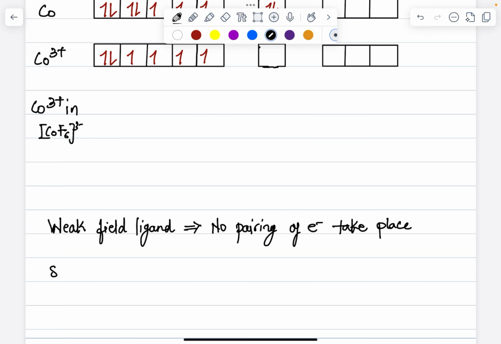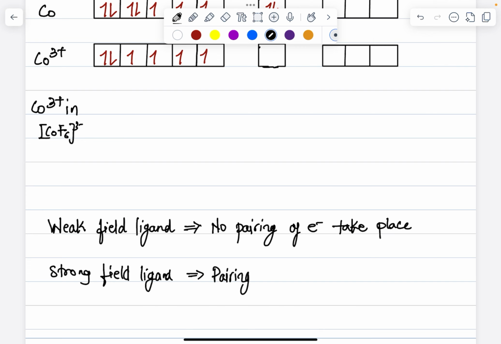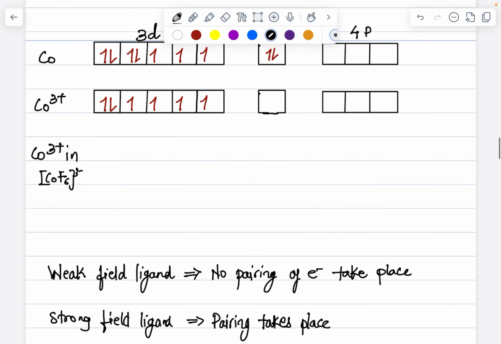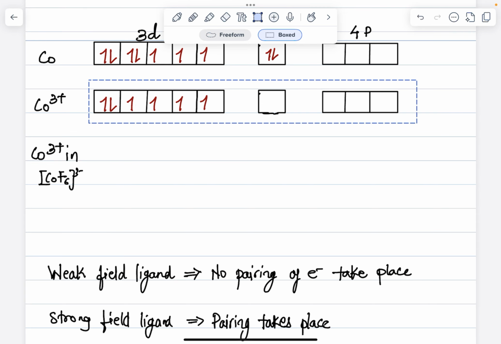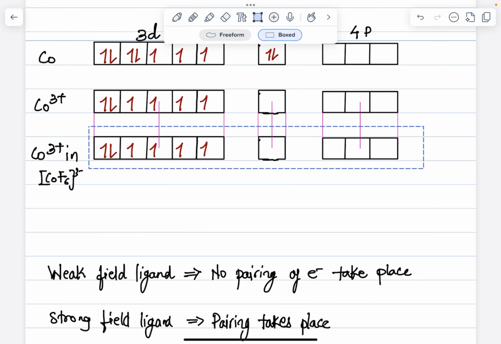And for strong field ligand, pairing of electrons takes place. So over here, this is a weak field ligand. So here pairing is not going to take place. Means I'm going to write this as it is.